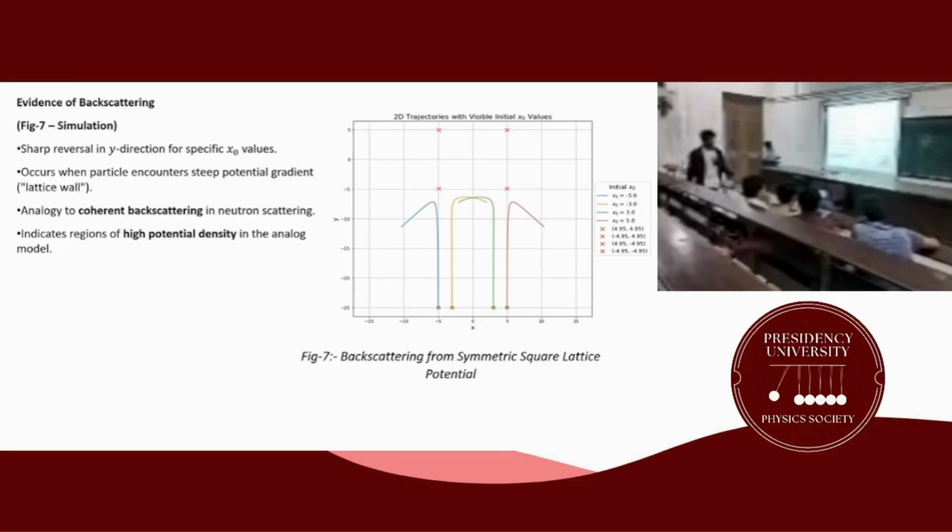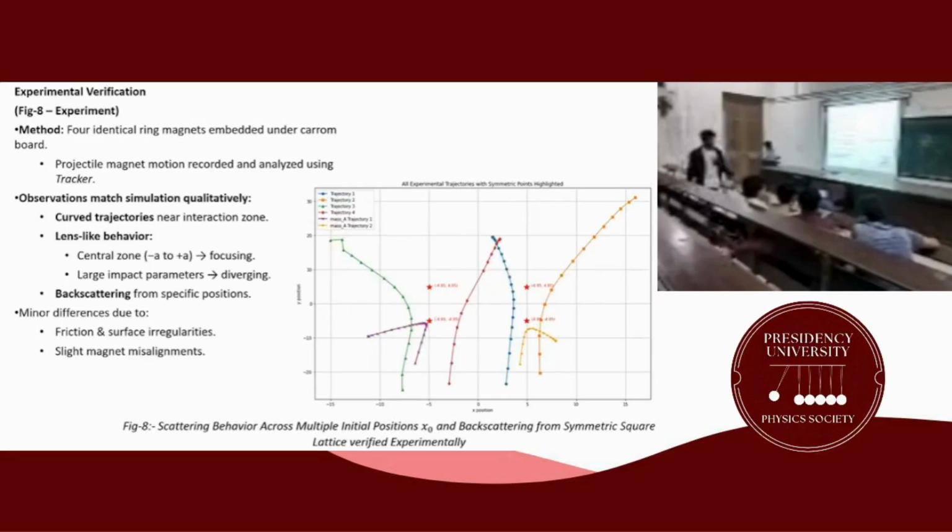And this is the experimental verification of my work. We use the carrom board setup that you saw previously. We use that and get these types of lensing-like phenomena, or convex lens-like phenomena, and also diverging phenomena for x naught greater than minus a to a.